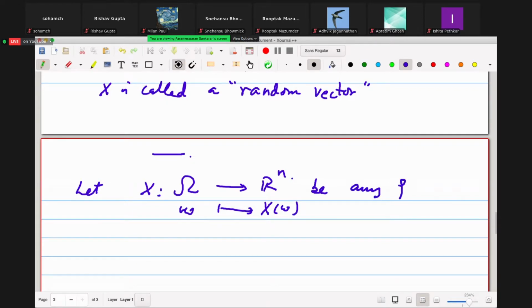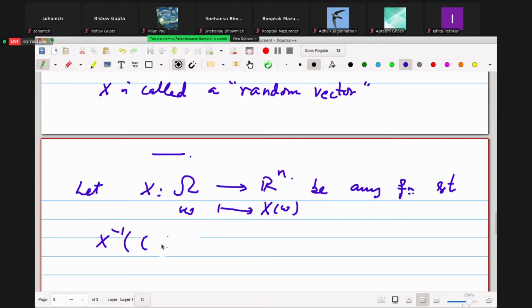Let me write here, the set of all x is equal to x1... So I'll write it like this instead of writing things in a very complicated manner.